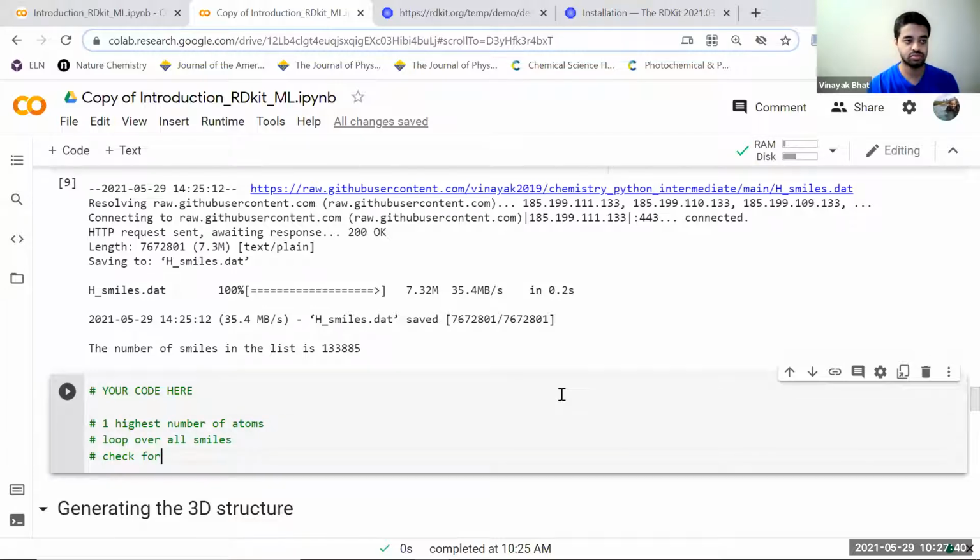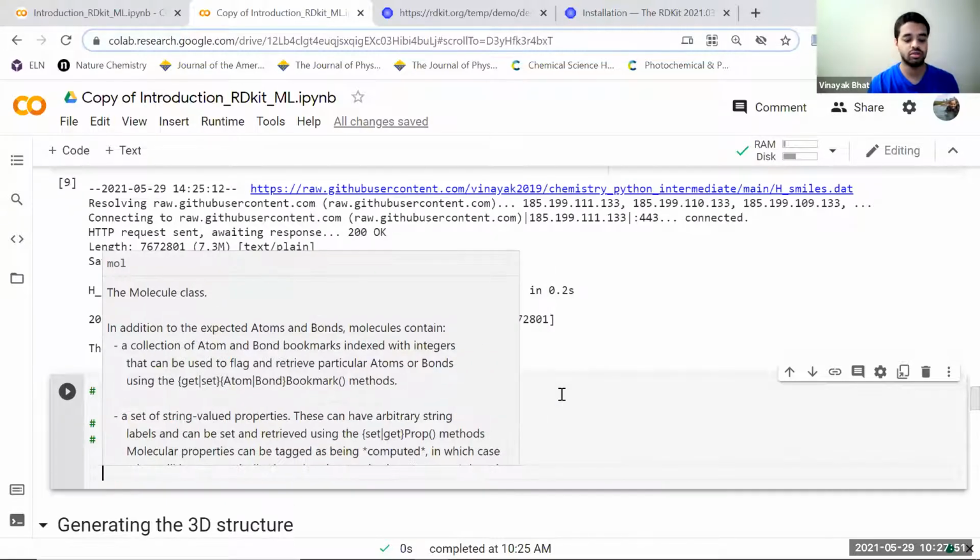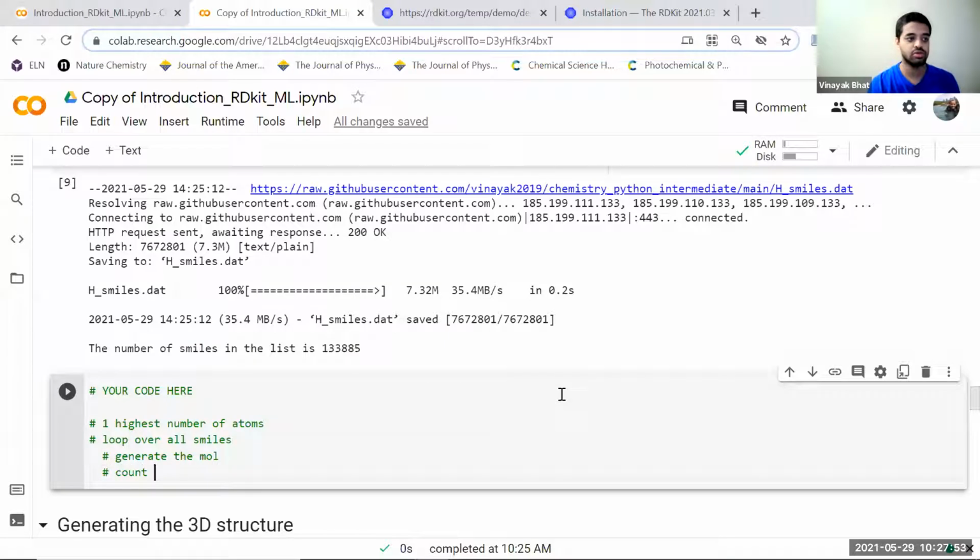So loop over smiles, and in each loop generate the molecule object, then count the number of atoms.